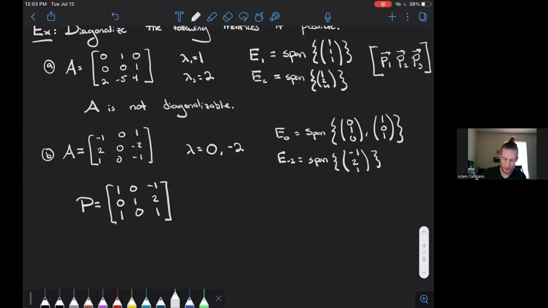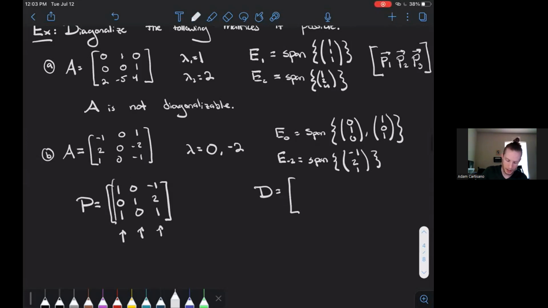Okay. Also, I know what the diagonal matrix D is going to be. It will be the diagonal matrix whose diagonal entries are the eigenvalues corresponding to these eigenvectors in this order.